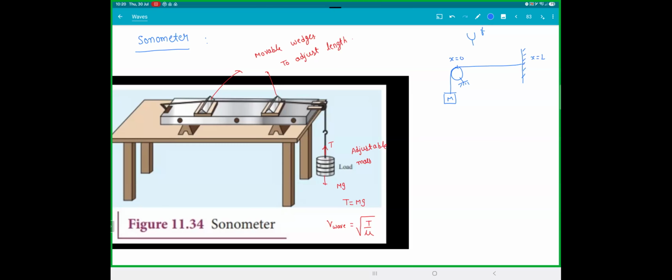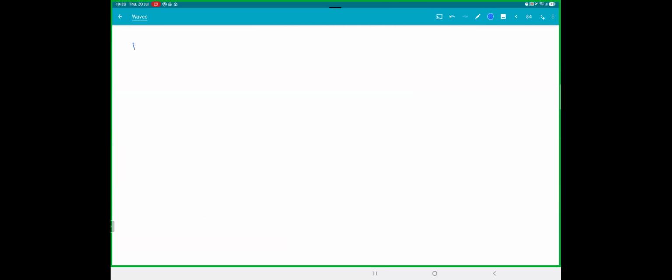Now, understand the situation. When you created the system, you already had a problem. The left side and the right side are already fixed. Because you're tied to a wall and to a pulley, the strings cannot move. So the first possibility, listen, this is the only condition that you need to satisfy.